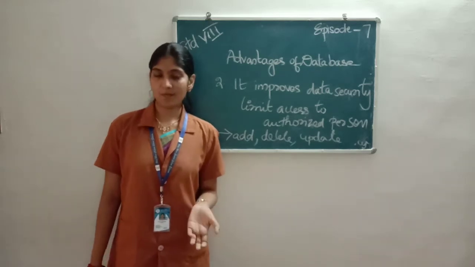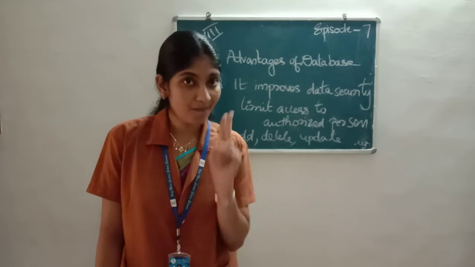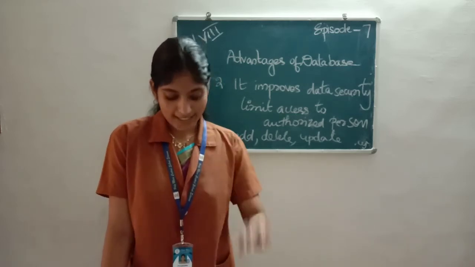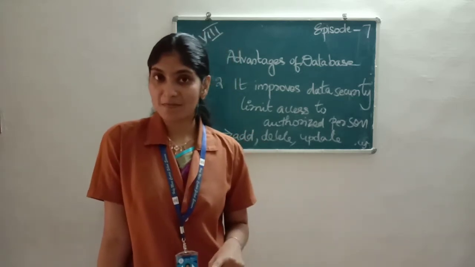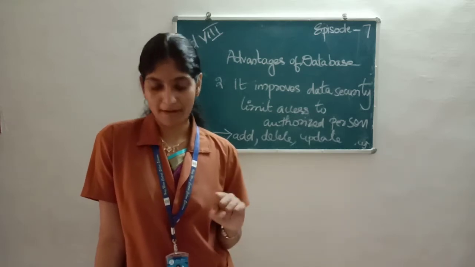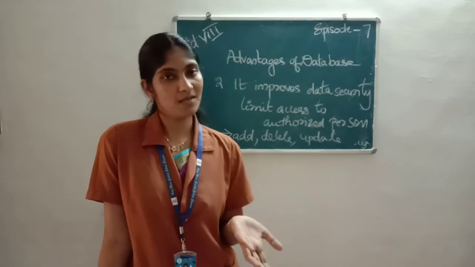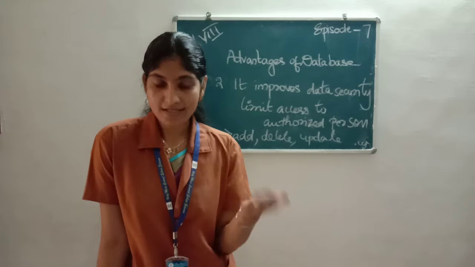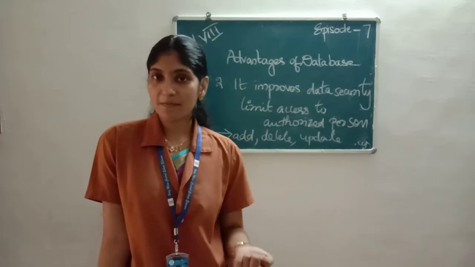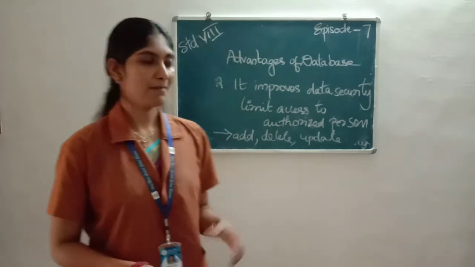So the second advantage is it improves data security. An example here: the salary field can be accessed by which department? The accounts department, and can be updated by the higher management department.